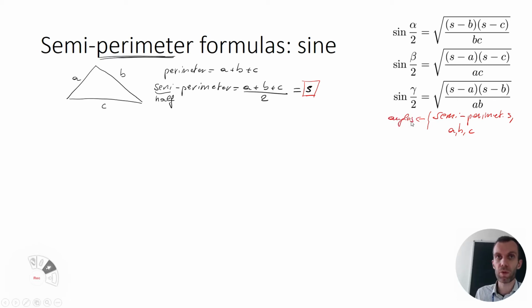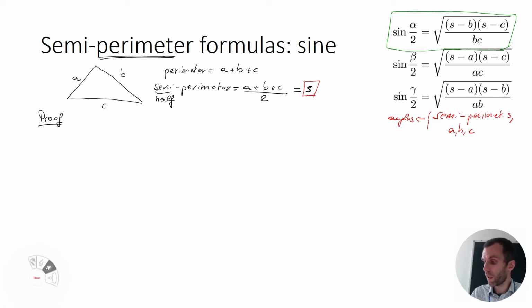So a very typical kind of problem is to go from the angles to finding the semi-perimeter, or vice versa, if you know something about the three sides, to get the angles. So let's try and prove one of these formulas, just the first one, and the others are very similar.